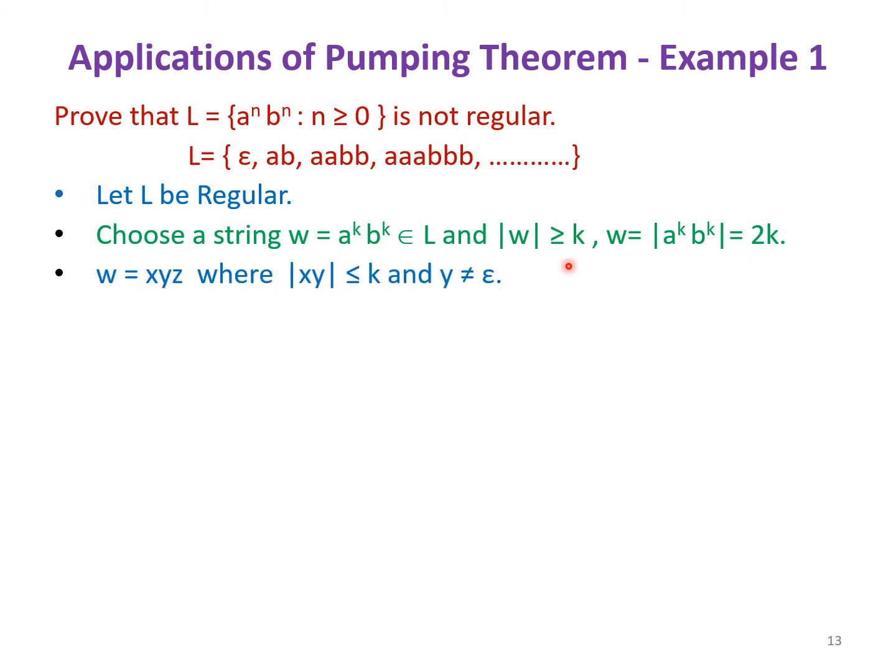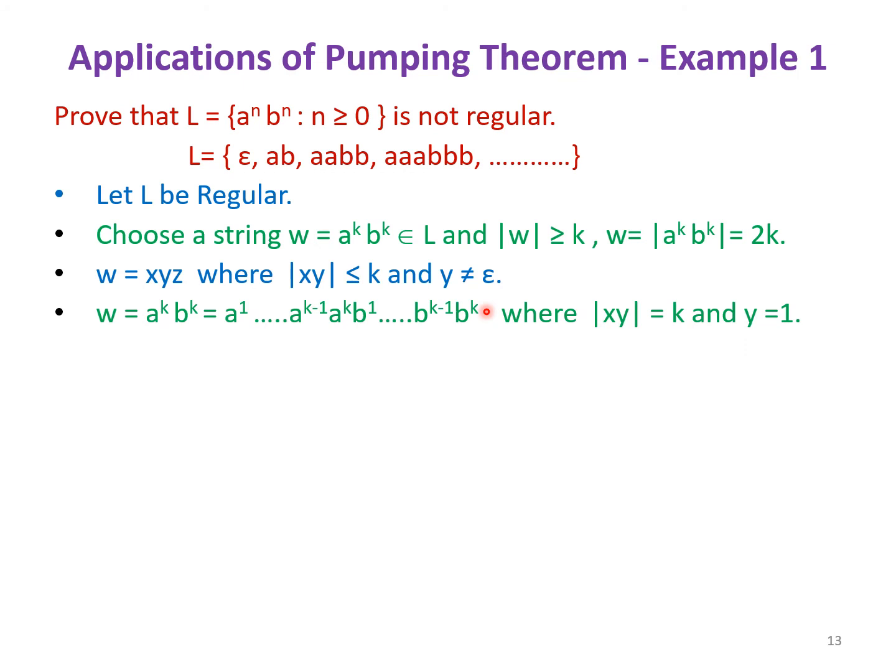If so, then according to the pumping theorem, we have to split w into x, y, z with two conditions: the length of xy is less than or equal to k, and y is not equal to epsilon.